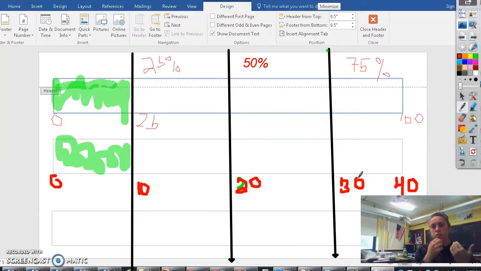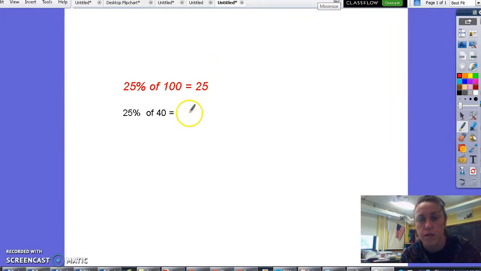My overall goal on this was not so much that we knew the correct answer, but that we got to think half of 40 is 20. It's right at that line, so that is 40. So my correct answer on this is 10.